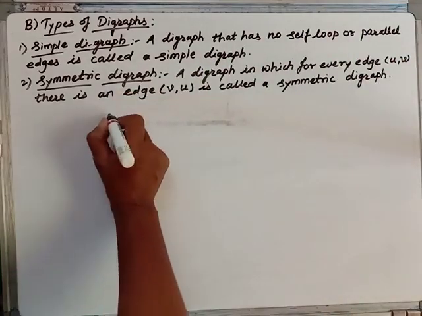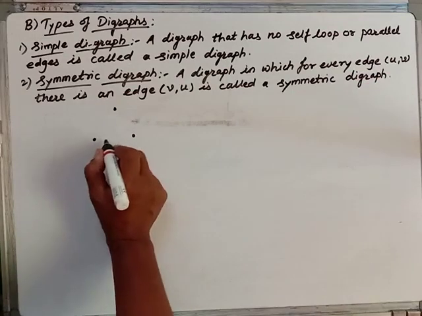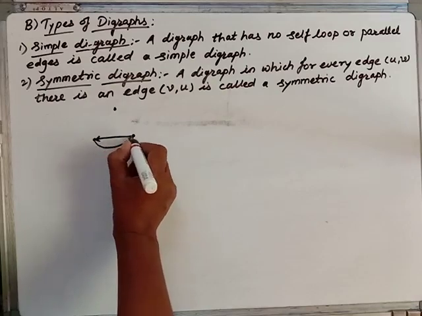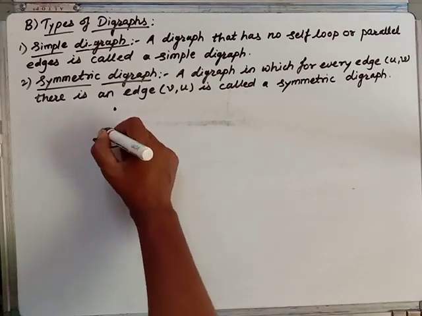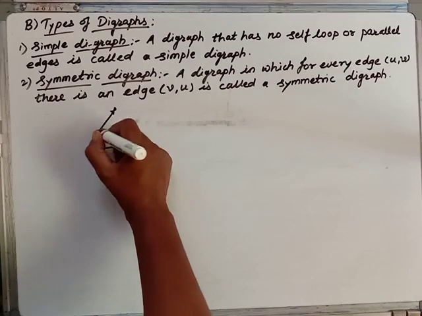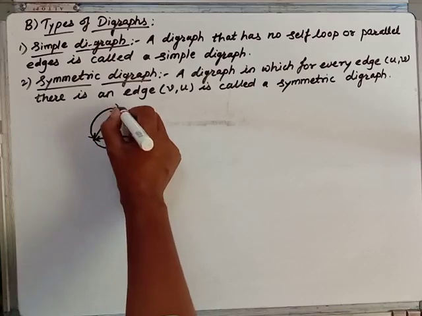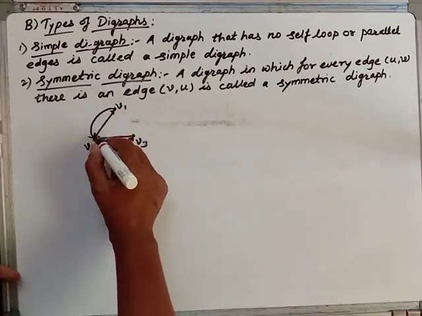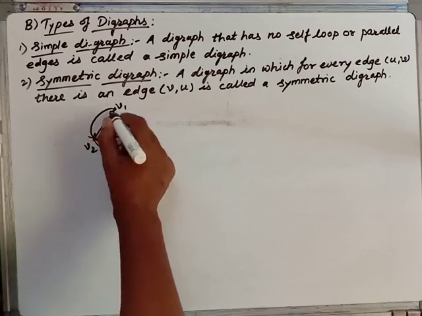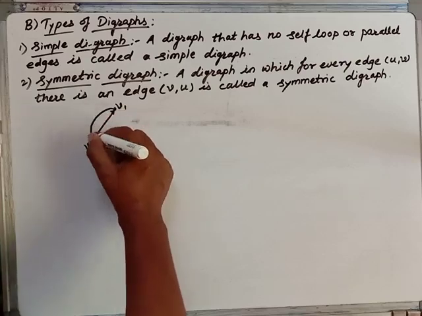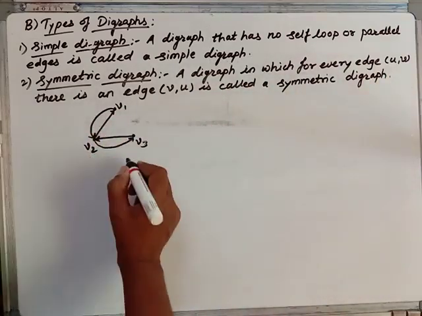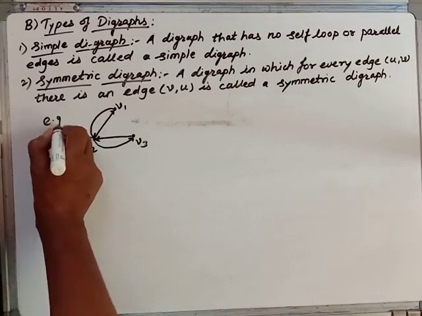Here, suppose V1, V2, V3. Look at it. If there is an edge in this direction, then there will be one in this direction also. In the reverse direction also there will be an edge. Then this is an example of a symmetric graph.